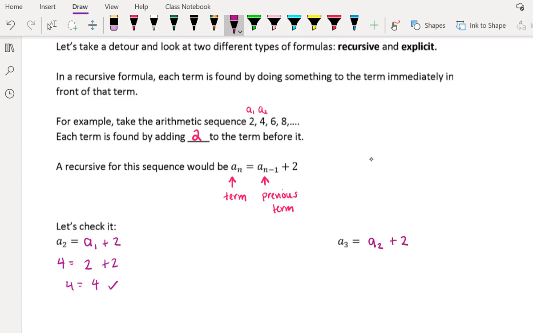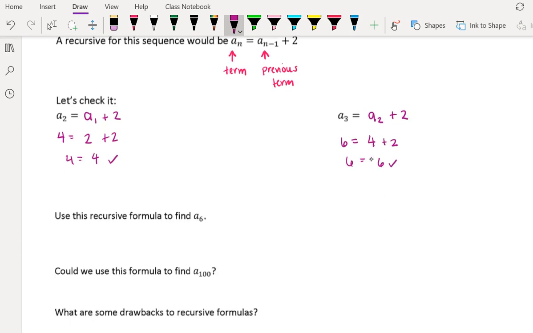The third term is equal to the second term plus 2. So the third term, a sub 3, was 6. The value of the second term was 4, and 4 plus 2 is 6. So that checks out. Okay, so if I wanted to find the sixth term, I need to know the value of the fifth term, and then I would just add 2 to it.